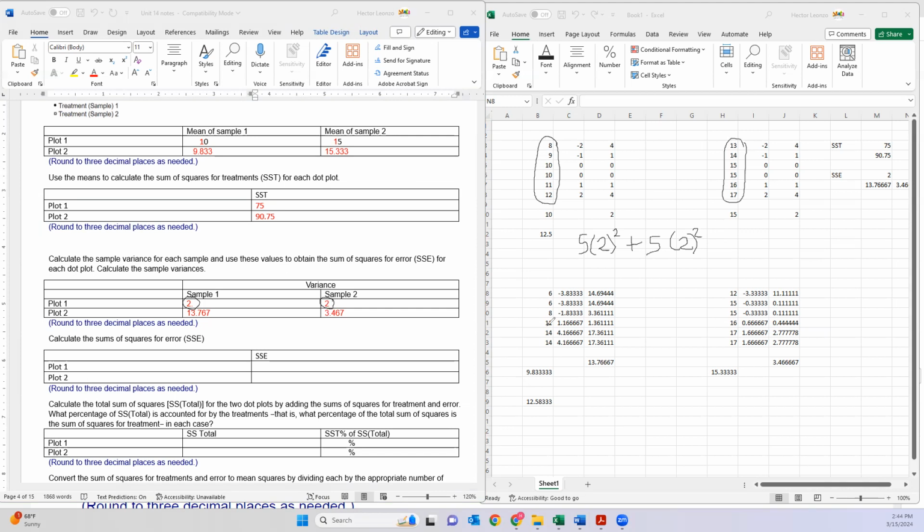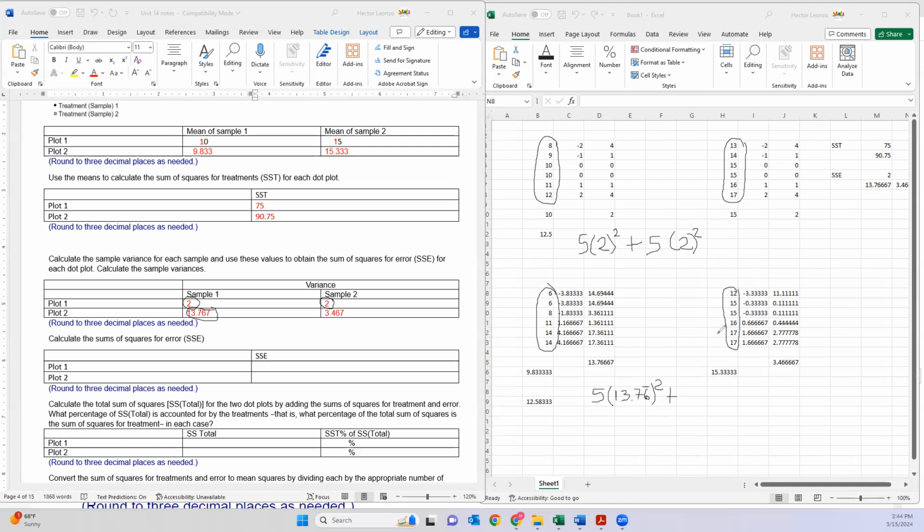Now, what I'm going to do for plot 2, let me come here real quick. There's 6 numbers, right? So one less, it's 5. Now, what was the variance here? This number, right? So right now I'm just going to call this 13.7 and a bunch of sixes squared, plus looking at sample 2.